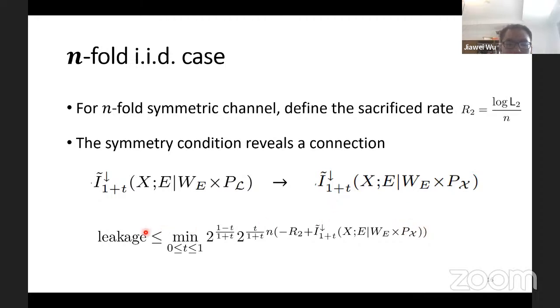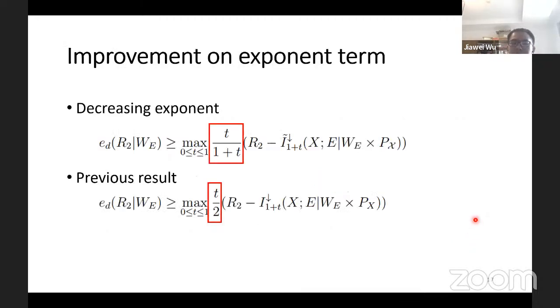So we have this bound. We have a simpler bound on the information leakage. This can be evaluated without knowing the structure of the error correction code. And this bound has an improvement on the exponent term.